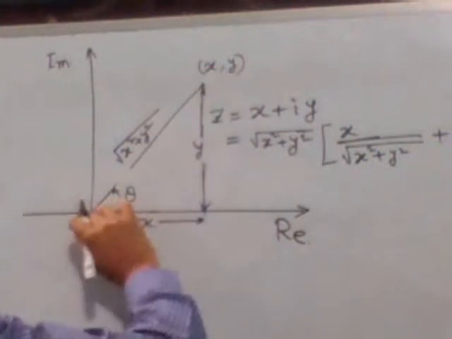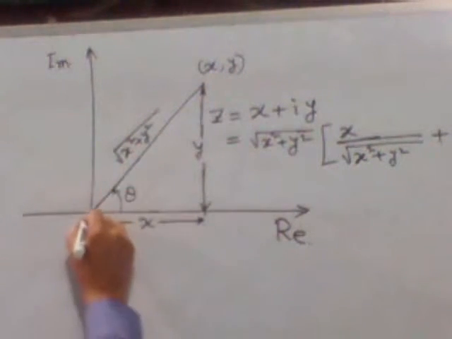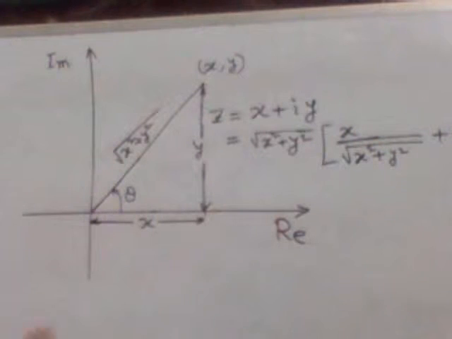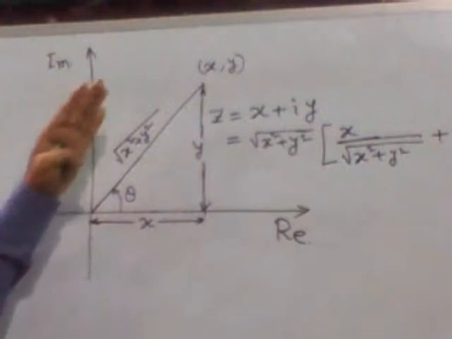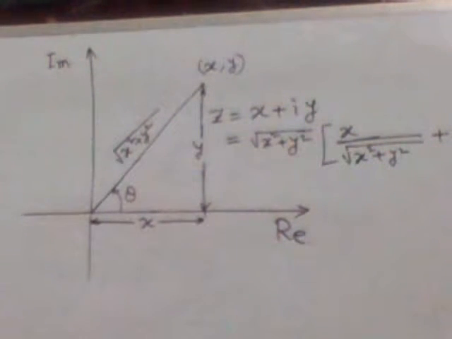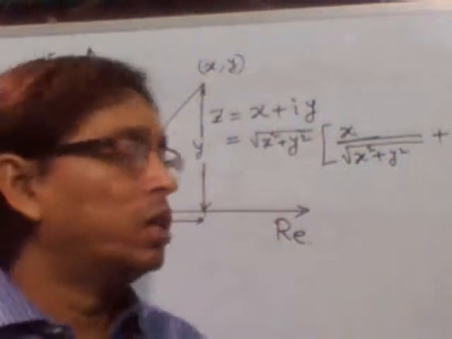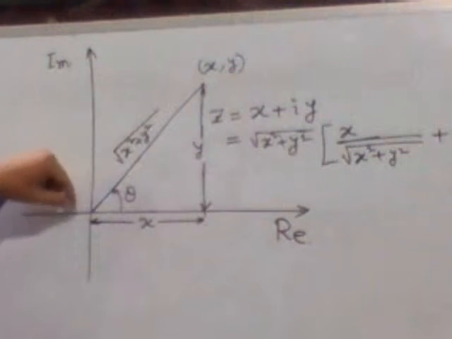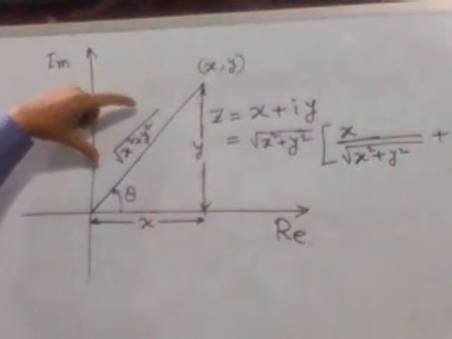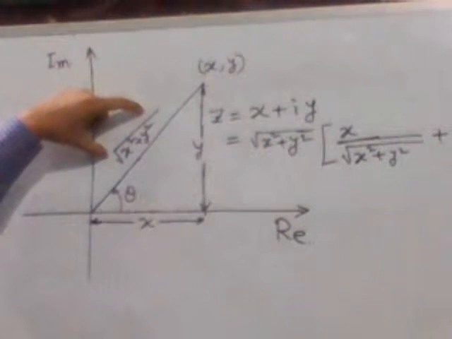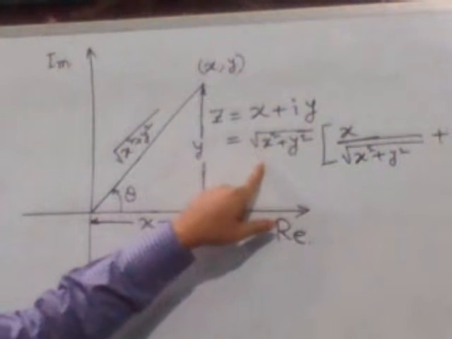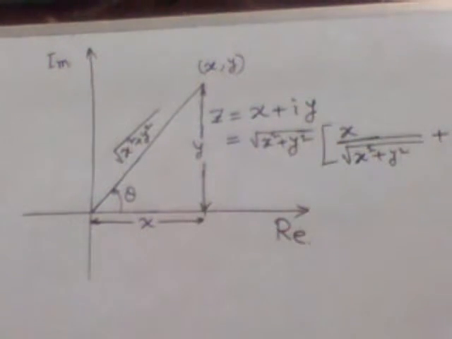This is the length from the origin to the point, which is called the modulus of this point. Modulus means the numerical value, that means the length of this point from the origin is root under x square plus y square.